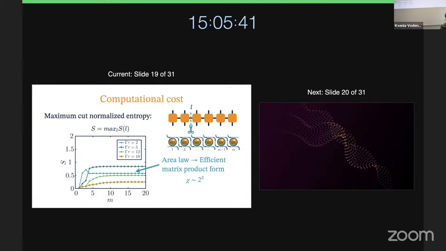So you can always check how much you cut. The efficiency of the method comes from the fact that you need a very small bond dimension, and it actually stops growing at some point, and you still get the same small error. But we can also talk about it later.